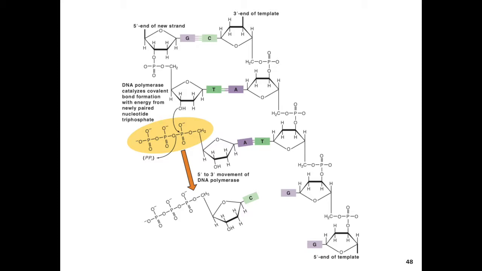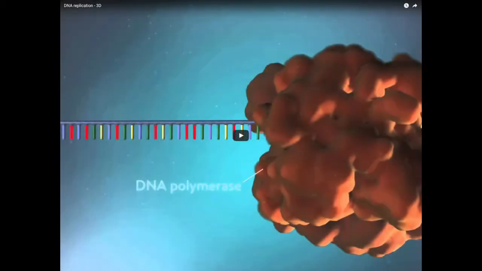And we'll talk about why that needs to happen a little bit later, but I just want you to realize that there are two DNA polymerases. One is labeled DNA polymerase 3, another one is DNA polymerase 1. They don't serve the same function. They act similarly, and they both work in the 5' to 3' direction, but they are doing different things at different times. All right, so what we're going to do next is watch a short clip about DNA replication so that you can see in general what's going on.